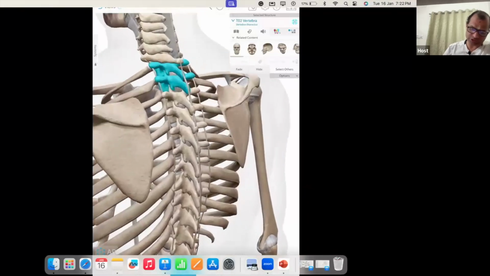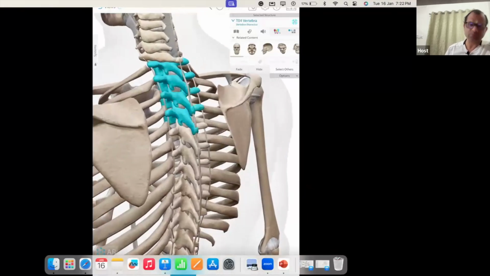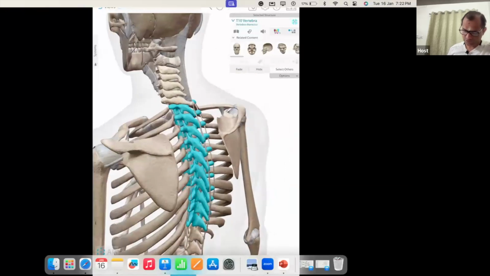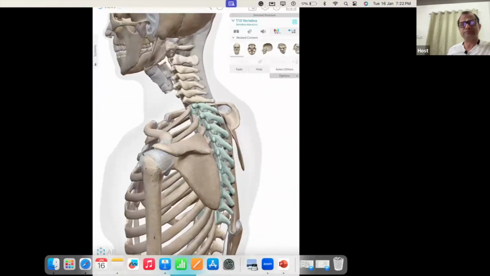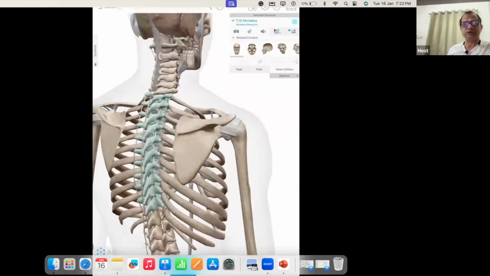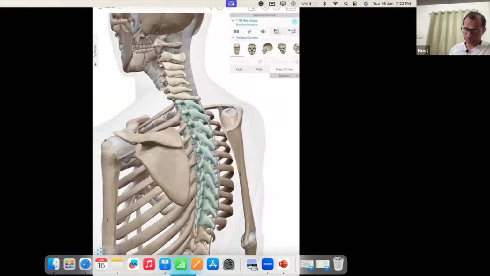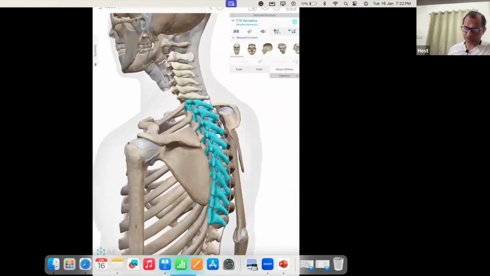Then thoracic 2, 3, 4, 5, 6, 7, 8, 9, 10. We can see how the thoracic vertebrae are moving down. कैसे नीचे की ओर झुके रहते हैं. So there are a total of 12 thoracic vertebrae.